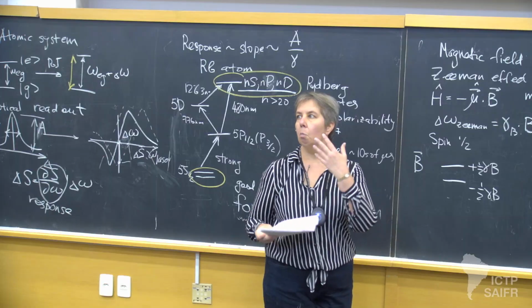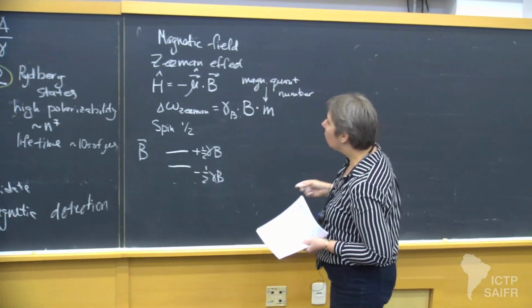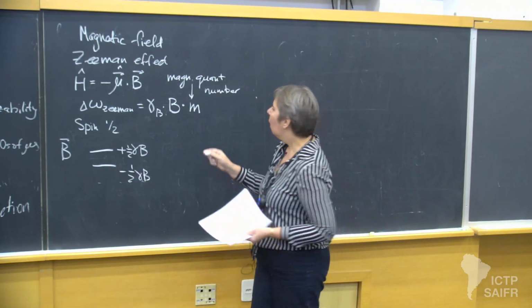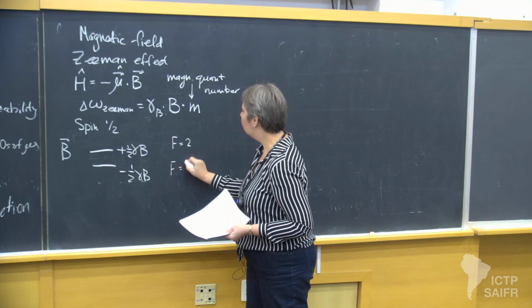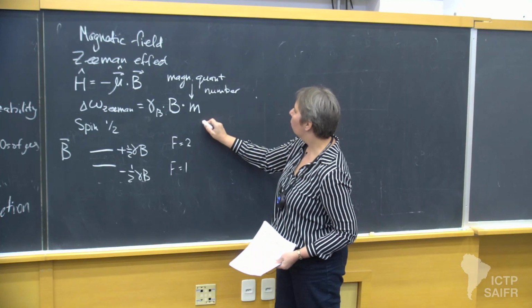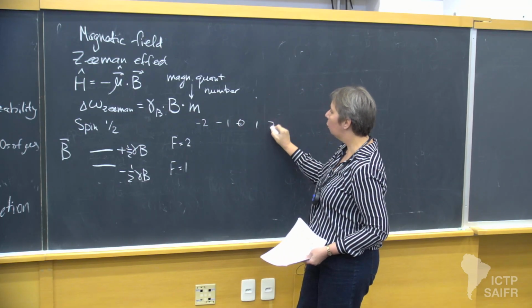In the more complex atoms, the level is going to shift slightly differently. Again, in my favorite rubidium 87, you have F equal to 2 and F equal to 1. And in this case, the magnetic moments we're going to have are -2, -1, 0, 1, and 2.